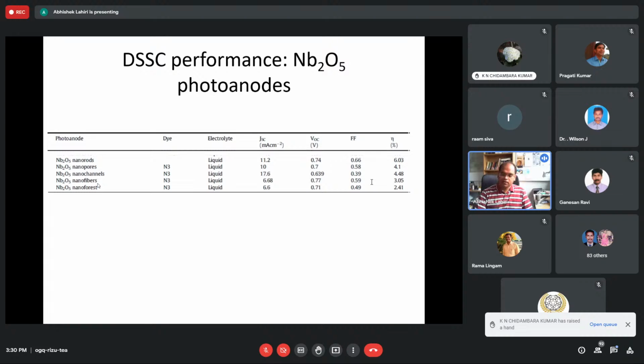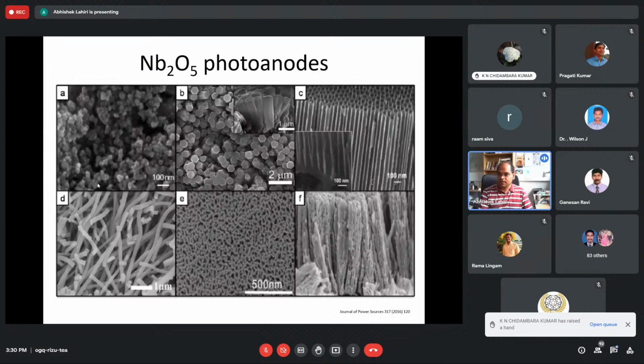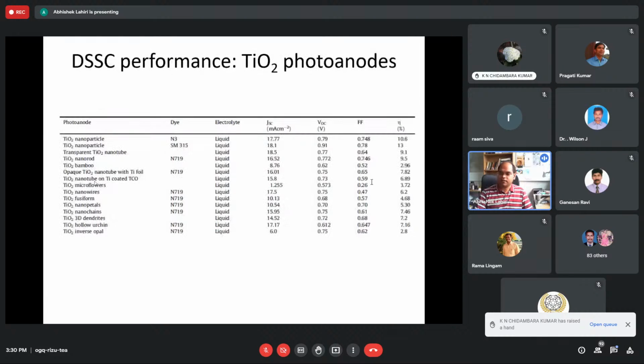Now, if we compare all three oxides, niobium oxide, zinc oxide, and titanium dioxide, one can clearly see that titanium dioxide gave the highest result because there was a good transfer, and the recombination process was quite less in case of titanium dioxide compared to other oxides.